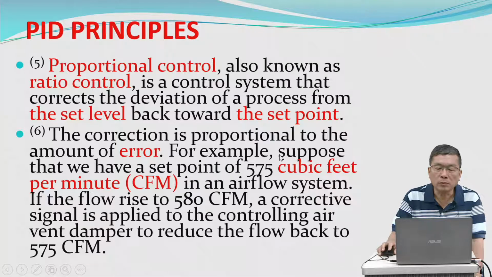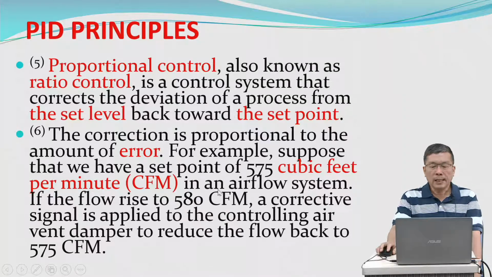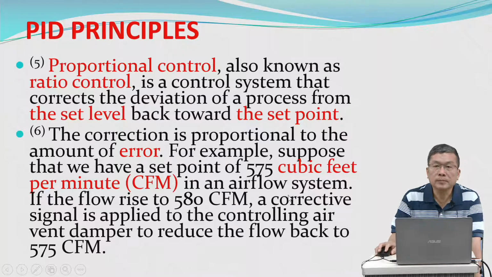For example, suppose we have a set point of 575 cubic feet per minute, CFM, in an airflow system. If the flow rises to 480 CFM, a corrective signal is applied to the controlling air vent damper to reduce the flow back to 575 CFM.